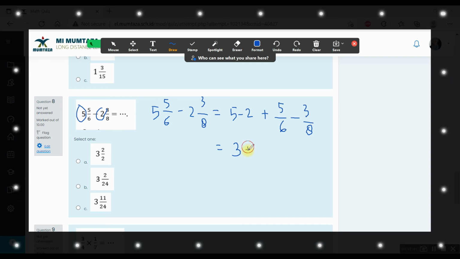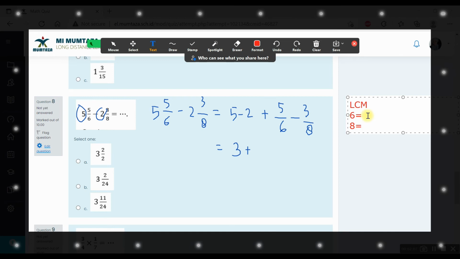And then we subtract the fraction. Look at this. This is an unlike fraction because the denominators are different. So we must find the LCM. LCM of 6 and 8.